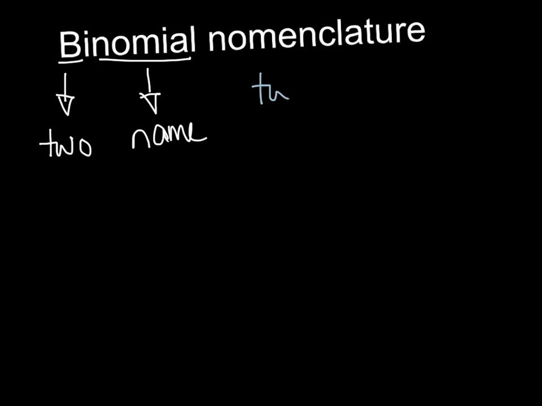The next thing that you see on your notes page on that left-hand side, binomial nomenclature. If you break this word down, it helps. Bi is referring to two, and nomial is referring to names. So binomial nomenclature is a two-part naming system.